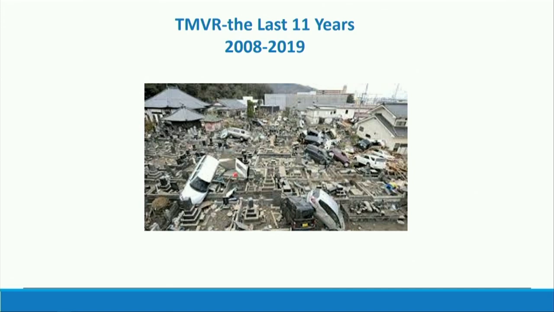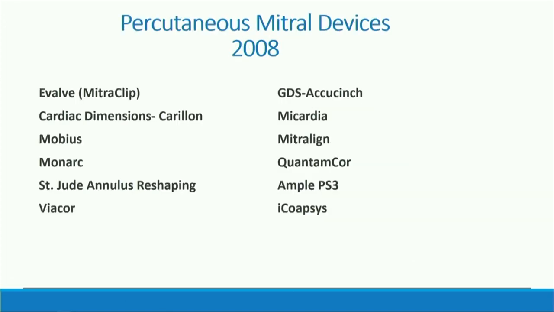It's a junkyard full of wrecked cars. If we look at the devices I outlined in that article in 2008, this is them. What's still going today? Evalve, now called MitraClip. The Carillon device by Cardiac Dimensions is kind of sort of still alive, as you've heard from Marty. Everything else has gone to the trash heap.